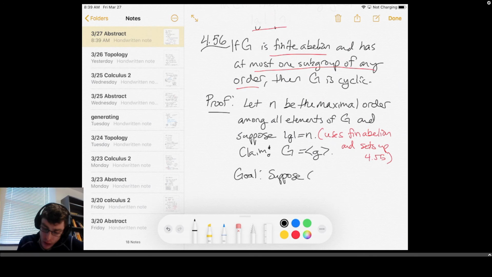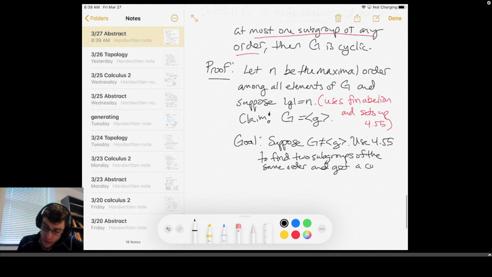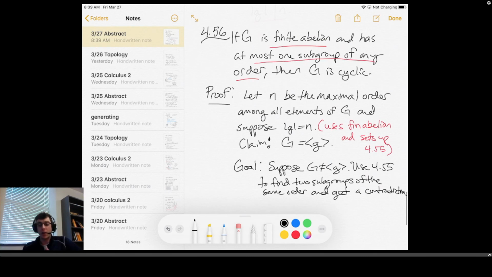Suppose G is not generated by this, use 455 to find two subgroups of the same order, and get a contradiction. Okay? Does the setup make sense, like where we're at now and where it seems like we should go? Are there any questions?